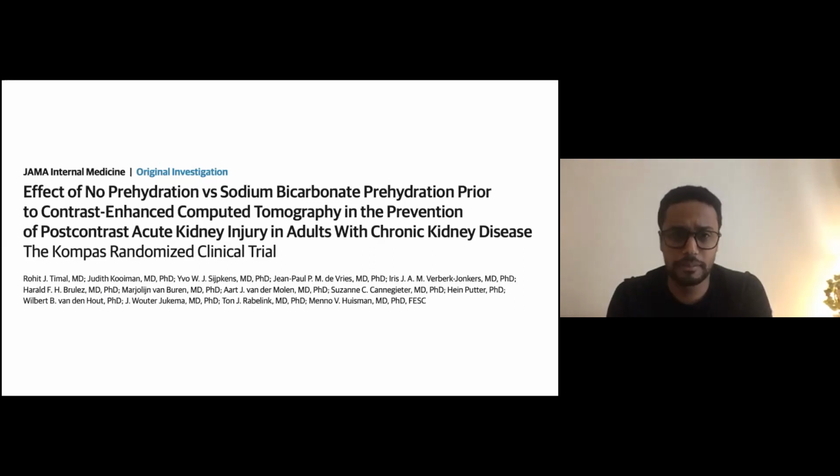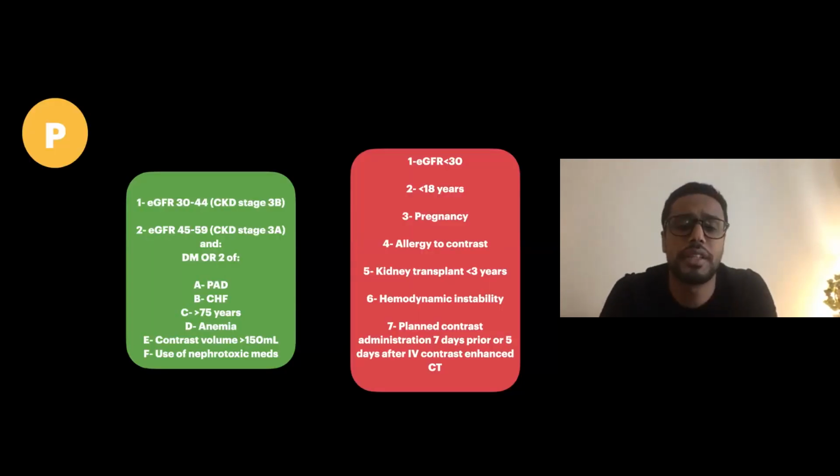And for their inclusion criteria, they included any patient with stage 3B chronic kidney disease, and any patient with stage 3A who also has diabetes, or any one of the two that you can see listed.